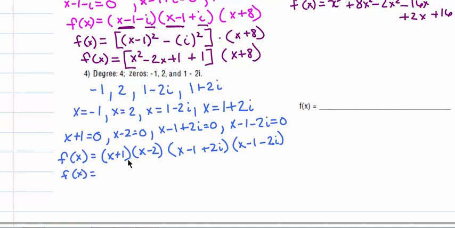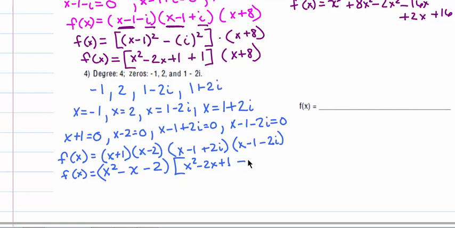First, multiply the first set of binomials together. x squared minus x minus 2. Then times, I'm going to go over here and do the same thing that I did before. So I'm going to get x minus 1 squared, which is x squared minus 2x plus 1.